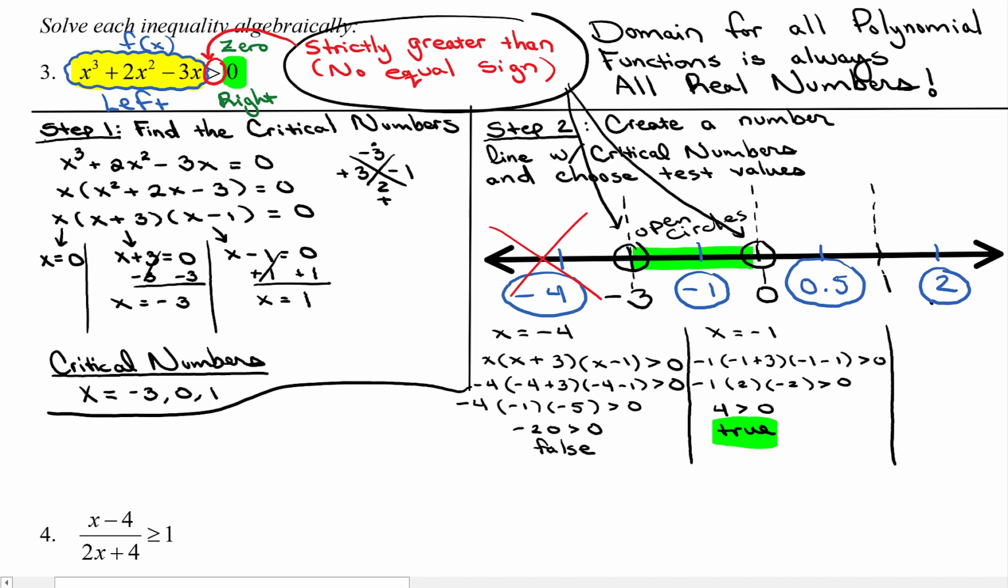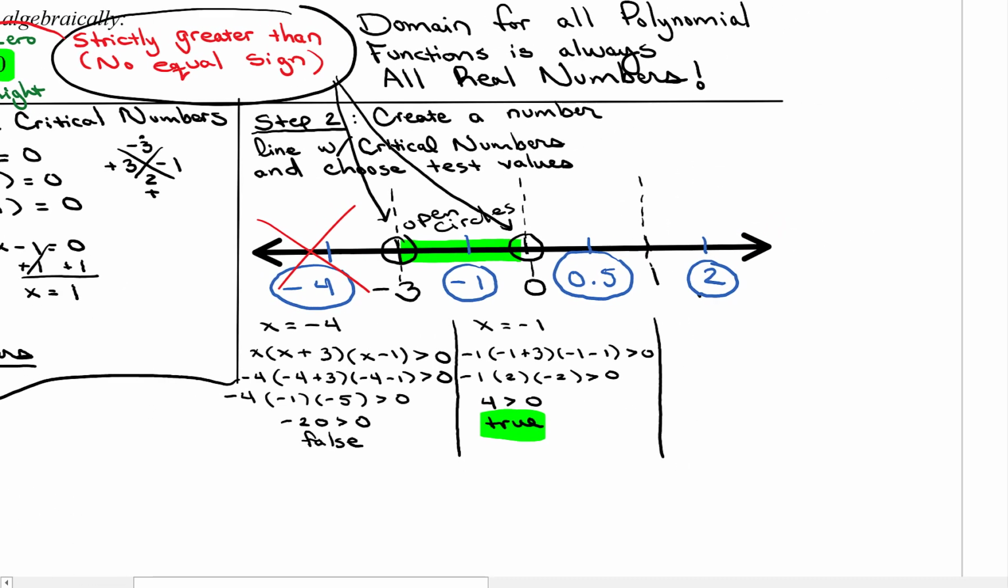All right, next one. X is equal to 0.5. If I plug that in, I'm going to once again plug it into the factored out form. And this is one of those problems where I'm not going to work it out all the way. I've got a positive times a positive times a negative.